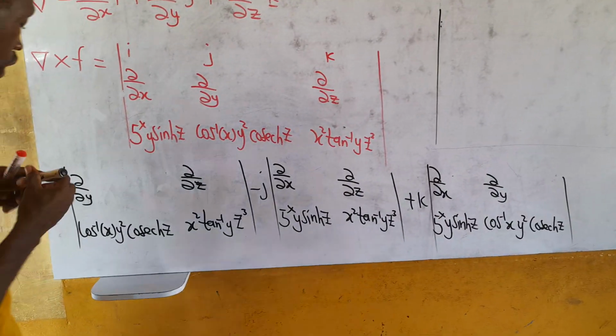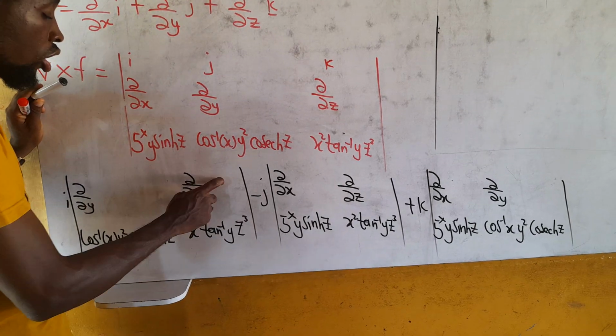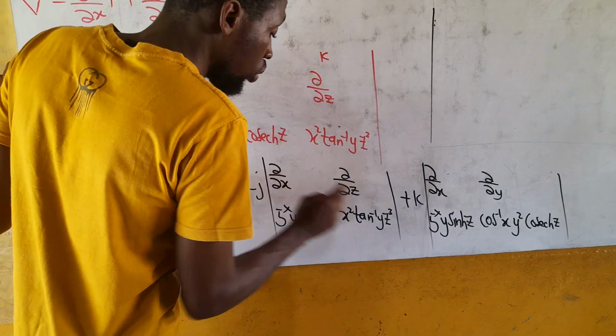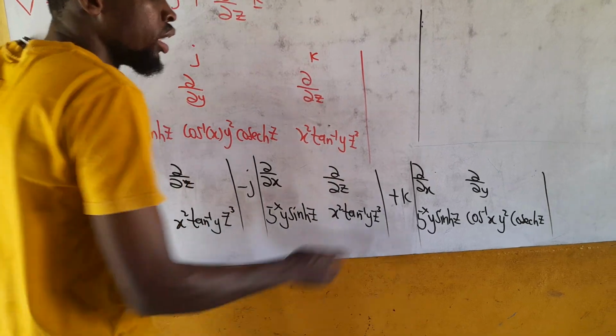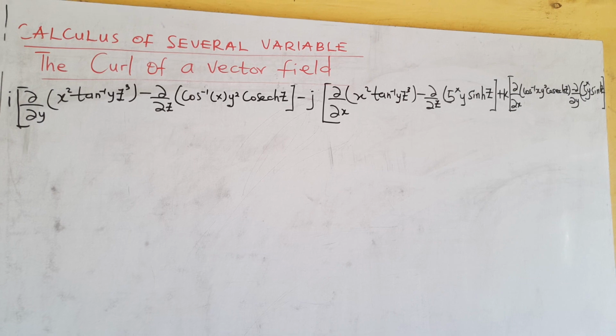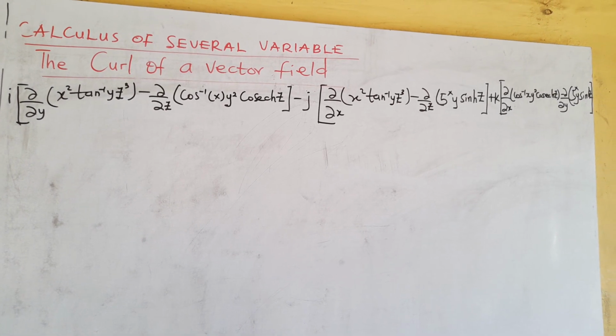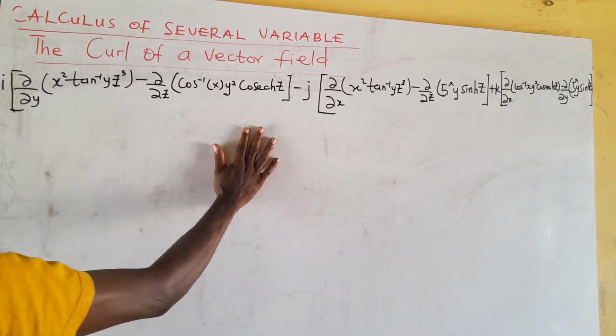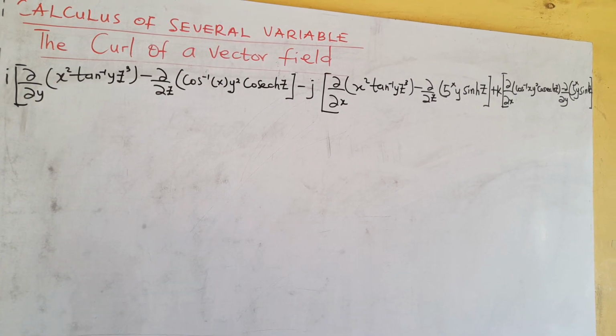So what do we do? This will multiply this minus this multiplying this. Then this multiply this minus this multiplying this. This multiply that minus this multiplying this. So having multiplied their respective entries, we'll have this. Then now we perform the partial differentiations.